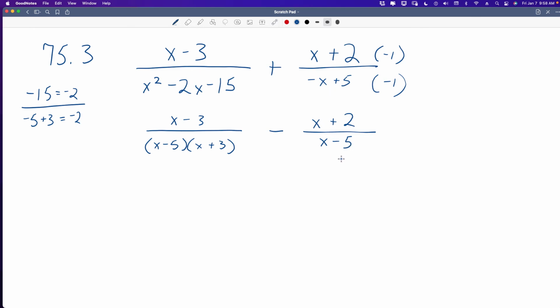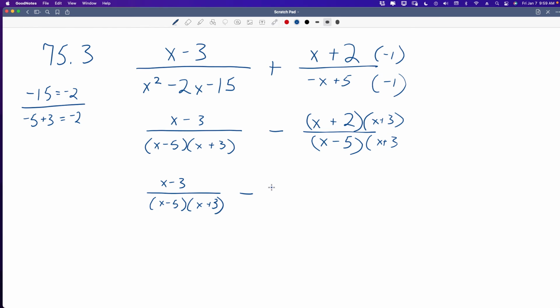So let's see if we can get it right. x plus 3, x plus 3. So x minus 3 all over x minus 5, x plus 3, minus, and we have to do the whole thing, right?